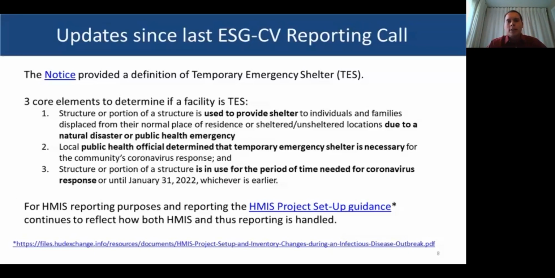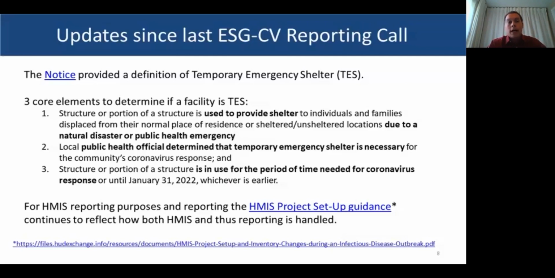The notice has a definition. I'm actually not going to read the definition here. It's more helpful for the purposes of HMIS project setup and for reporting purposes to think about temporary emergency shelter in these 3 criteria. All 3 of these criteria have to be met for you to count something as temporary emergency shelter.